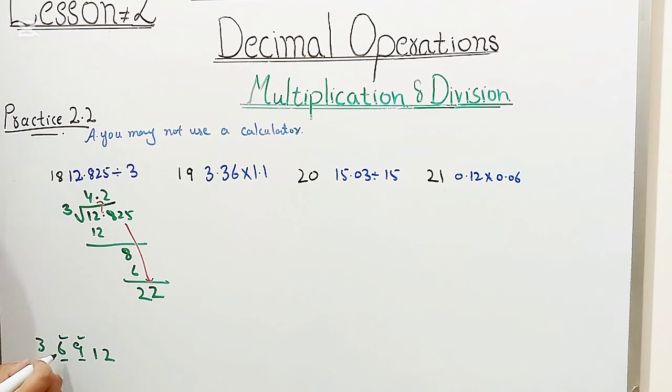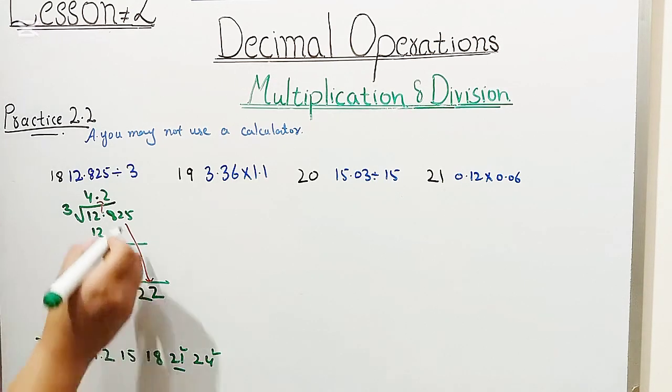Now we will again see the table of 3. 3 1s are 3, 3 2s are 6, 3 3s are 9, 3 4s are 12, 3 5s are 15, 3 6s are 18, 3 7s are 21, 3 8s are 24. 24 is the bigger value, 3 7s are 21 is the smaller value.